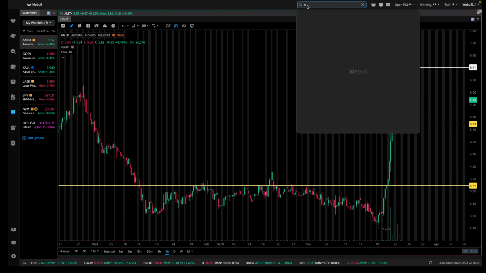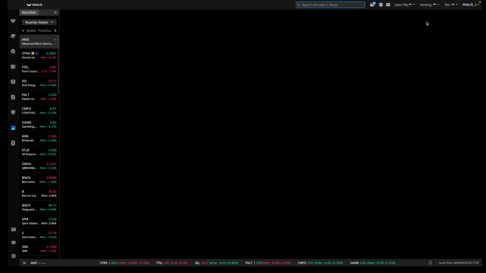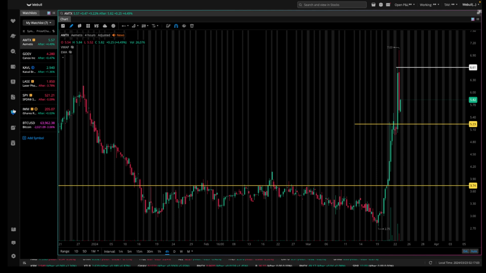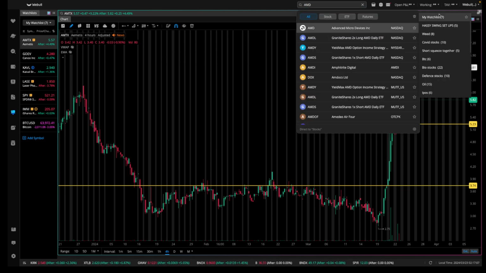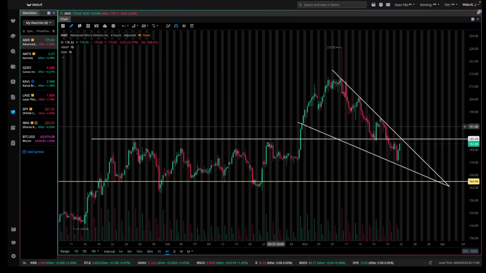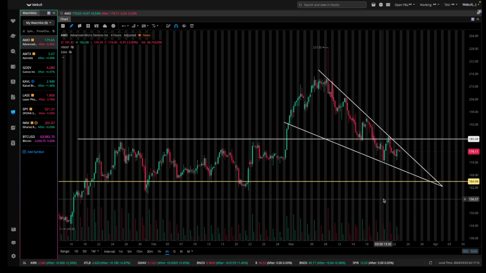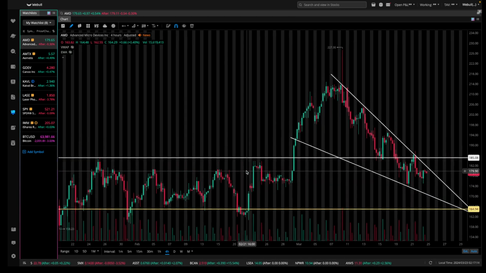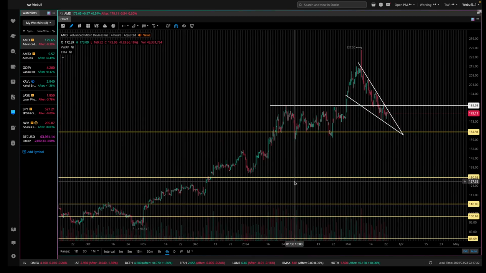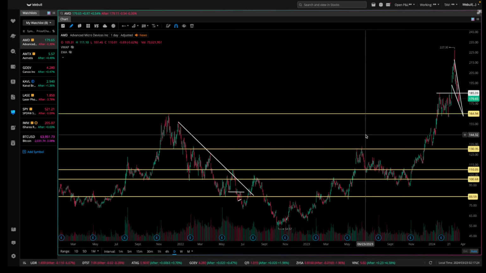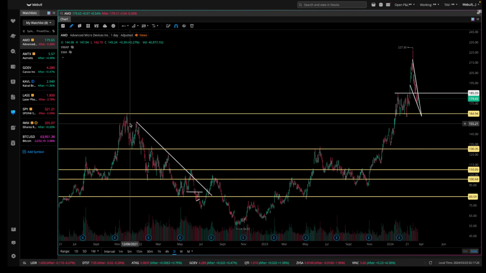AMD, let's look at AMD. AMD chart, daily, 4 hour chart. This chart's a great example. If you look at this 4 hour chart here, this is the area of resistance, this is the high. We can't break above. We've not been able to break above for a long time. Let's look at the daily. Look here.